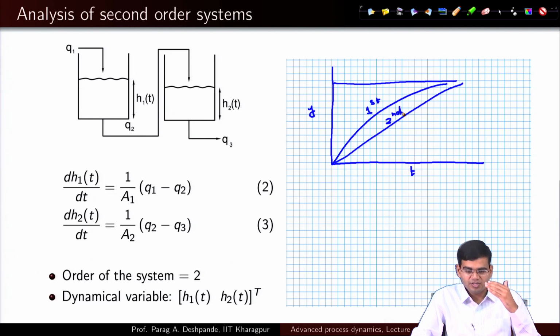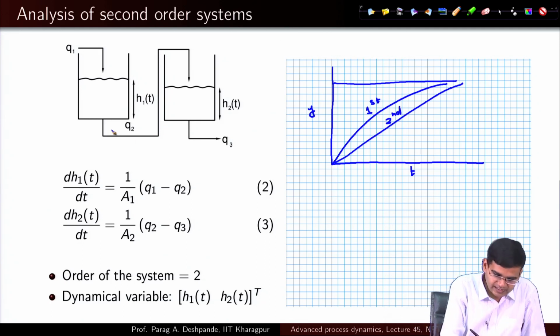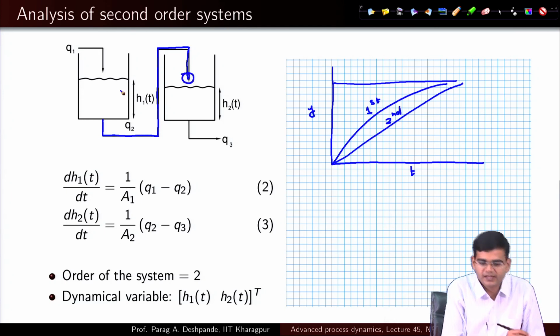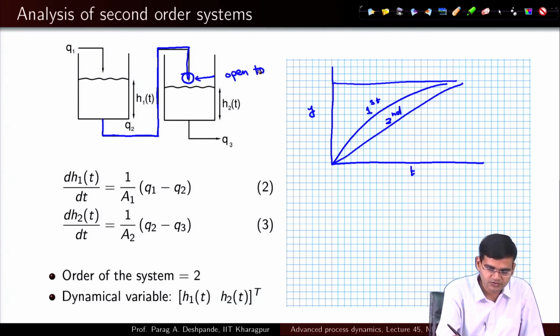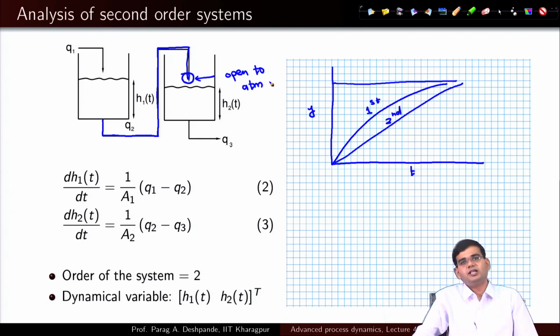The outlet of the first tank is open to atmosphere. Okay. So, in this diagram, when you see that a stream comes out as Q2, this pipe here is open to atmosphere, and then you drain the outlet in the second tank.